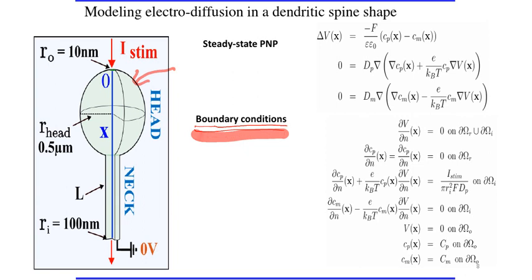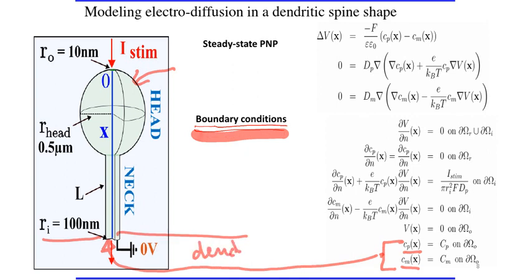So first of all, there are these two boundary conditions for the positive and negative charges that are defined and given here at the connection between the dendrite, so here is the dendrite, and the spine neck. So because the dendrite is much bigger than the spine, this says that we connect the concentration to the large concentration that is maintained in the dendrite.